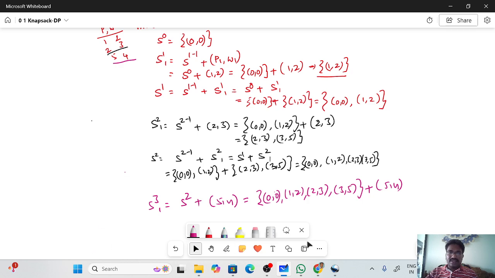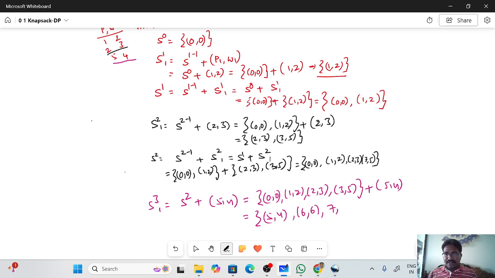So what is the resultant we are getting? So now we get the resultant as 0 plus 5 is 5, 0 plus 4 is 4, 1 plus 5 is 6, 2 plus 4 is 6, 2 plus 5 is 7, 3 plus 4 is 7, 3 plus 5 is 8, 5 plus 4 is 9.